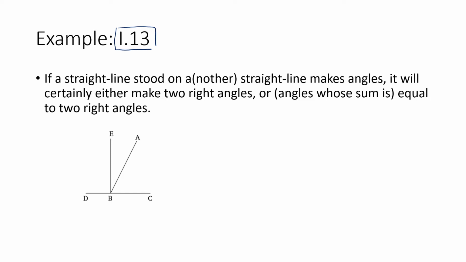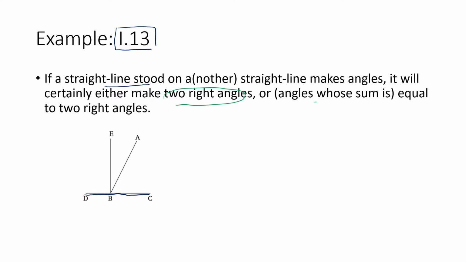Proposition 13 says if a straight line stands on another straight line, say we have a straight line CD, and another straight line EB or AB, it will certainly either make two right angles or angles whose sum is equal to two right angles. What does that mean?